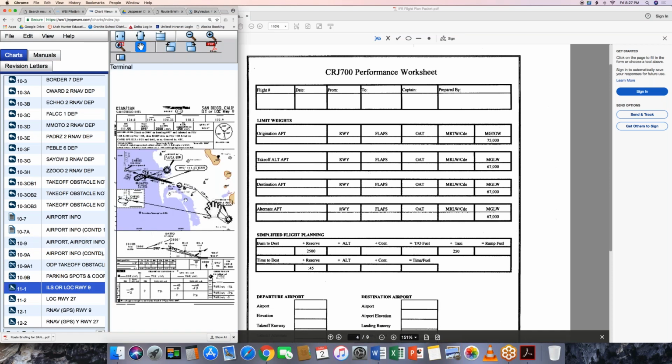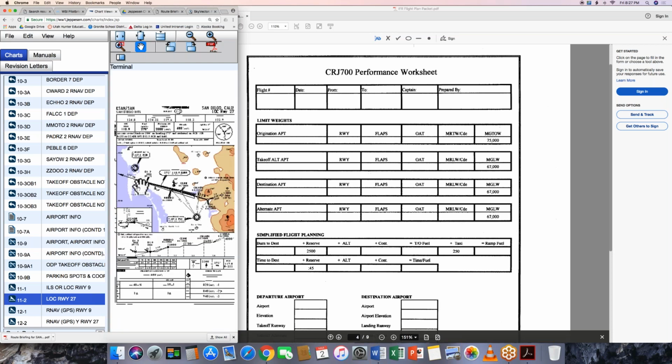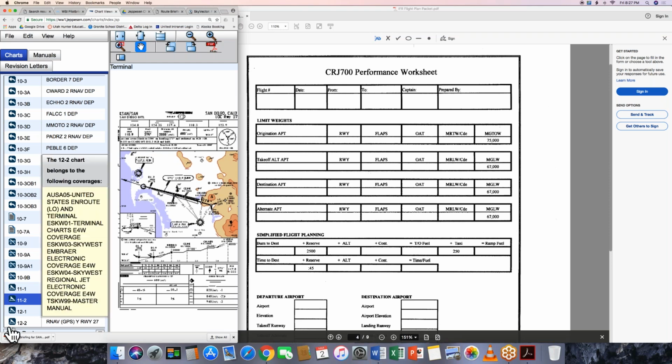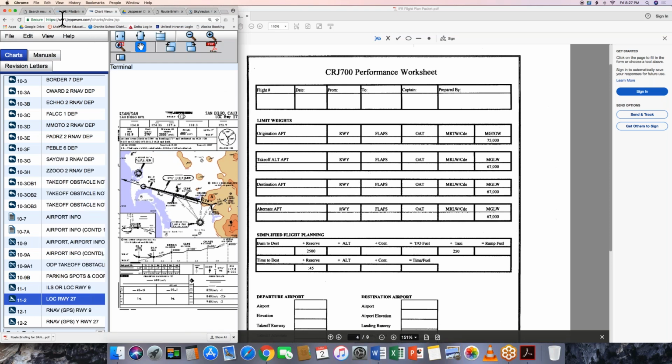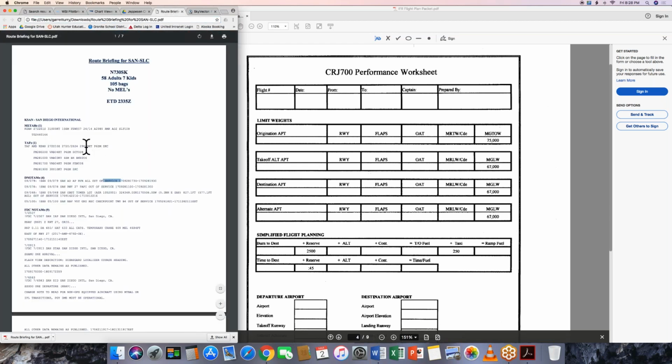Anyways, San Diego has runway 9, runway 27. It's one piece of pavement. And we're going to take off runway 27. Actually, let's look at our METAR really quick.